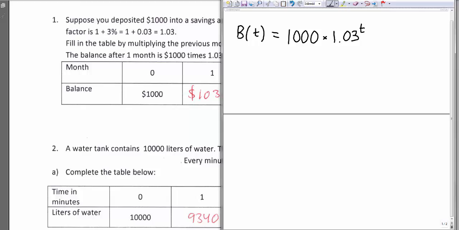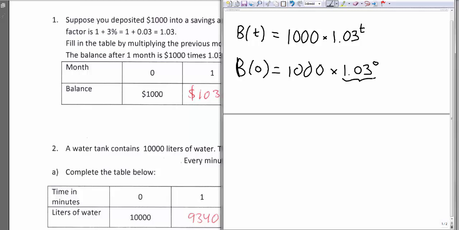So an example, let's see if this formula works. After 0 months, which should be this, t is equal to 0. So 1,000 times 1.03 to the power of 0.